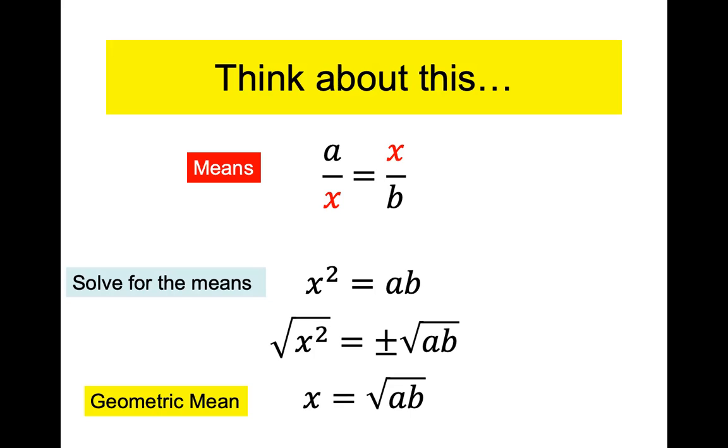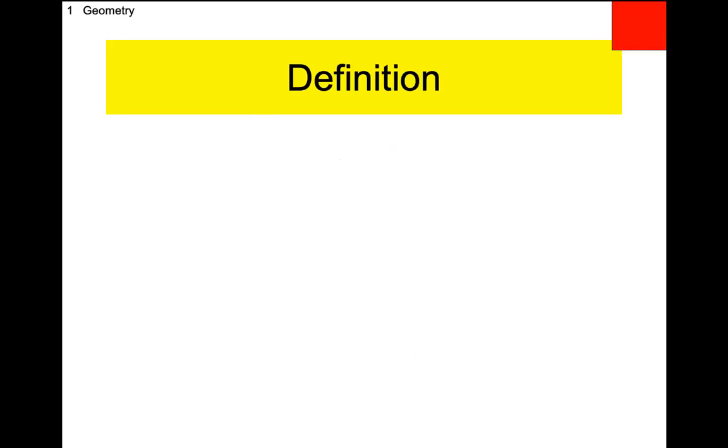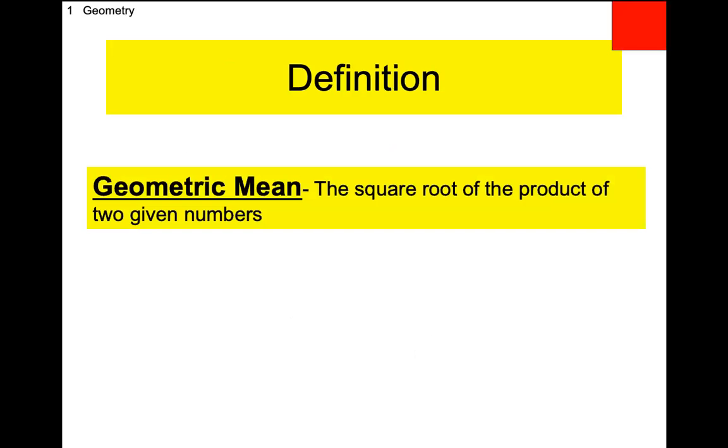Big picture here, this turns into this. All I'm doing is taking this and solving it. All right, write this down, please, box 1. A geometric mean is simply the square root of the product of two given numbers.